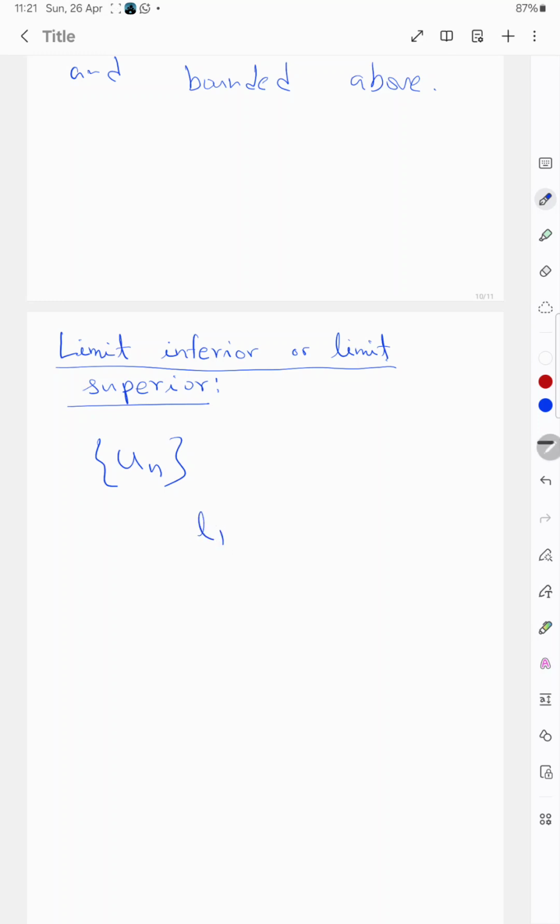Suppose L1 is a limit, L2 is a limit, like that. Among all such limits, the greatest we call the upper limit or limit superior, and the least one we call the limit inferior or lower limit.